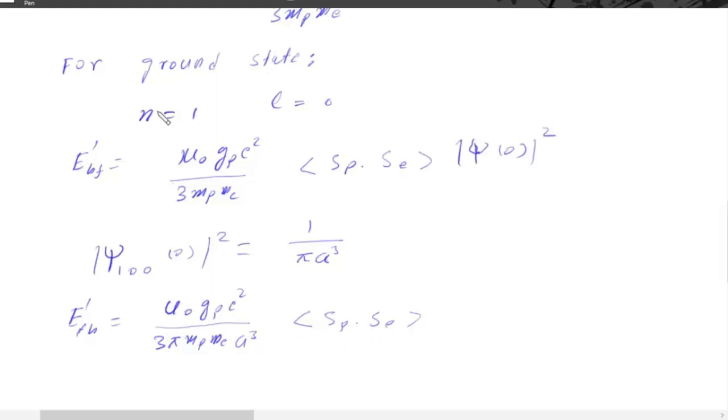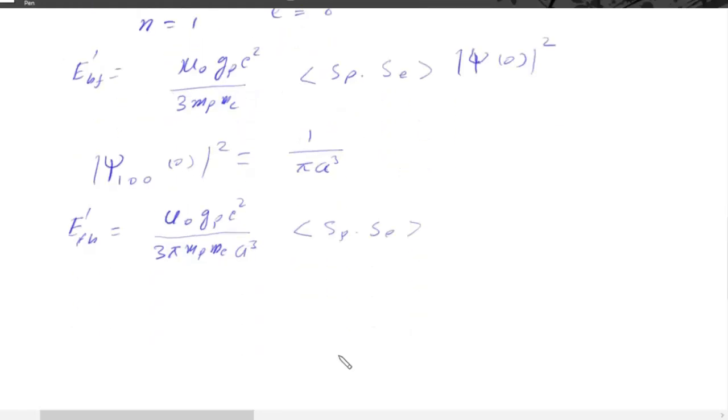Okay, for the ground state, this depends upon the spin of the electron and the spin of the proton, and which is called spin-spin coupling. This is like spin-spin coupling, the spin of the electron and the spin of the proton. Okay, then we find this value of the spin of the electron and the spin of the proton and the expectation value.